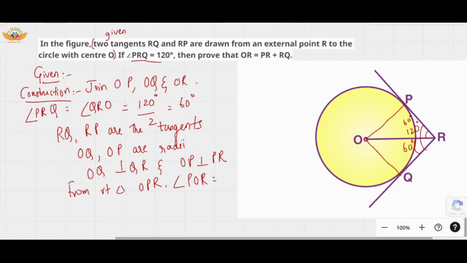Come on, you know angle P is 90. You know angle R is 60. I'm writing here: angle R you know as 60 degrees and angle P you know as 90 degrees.